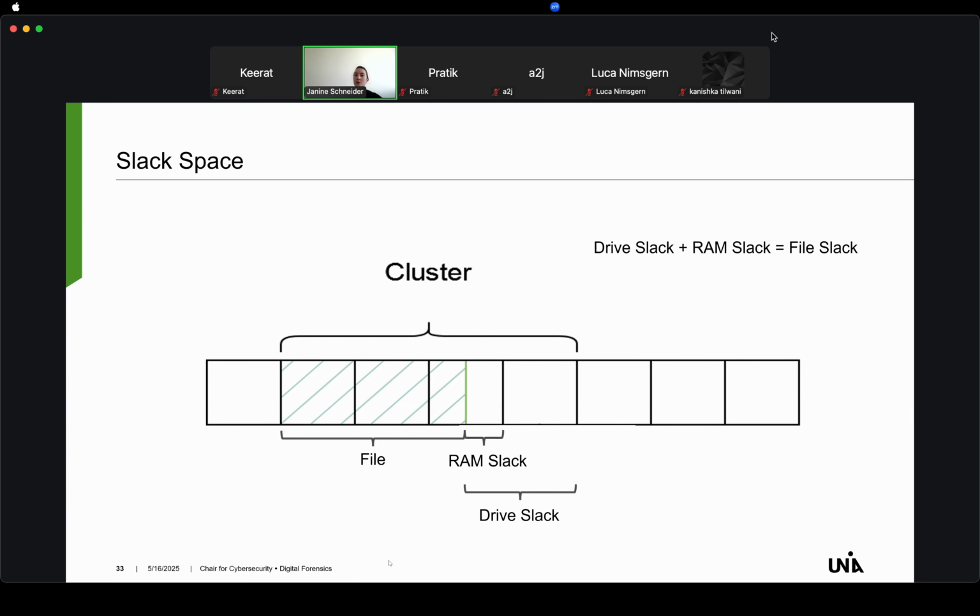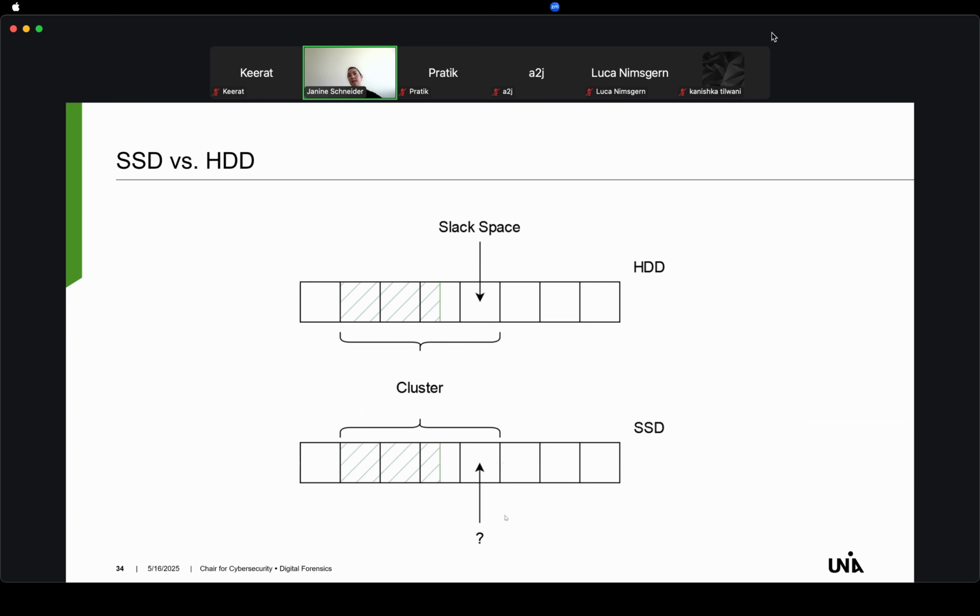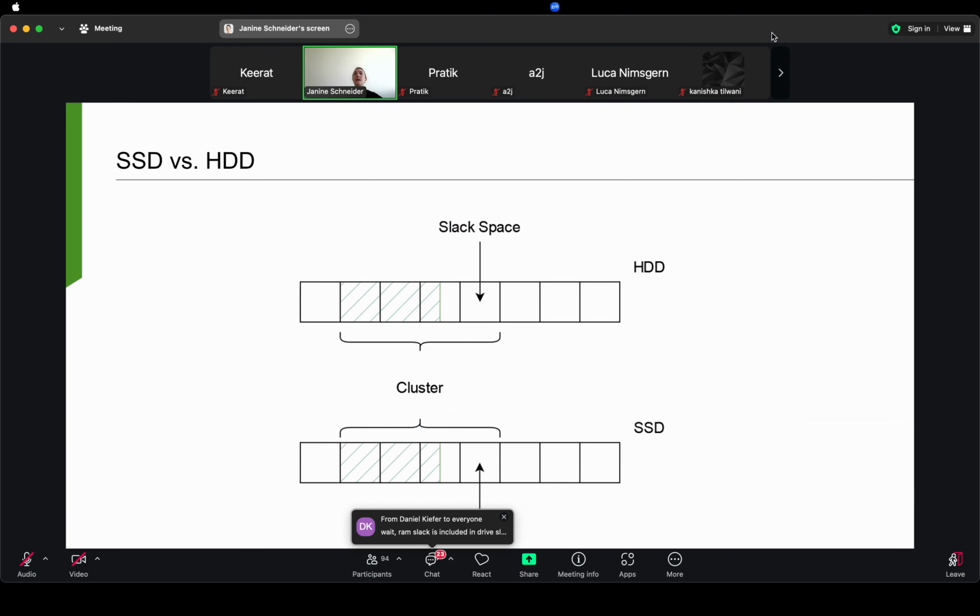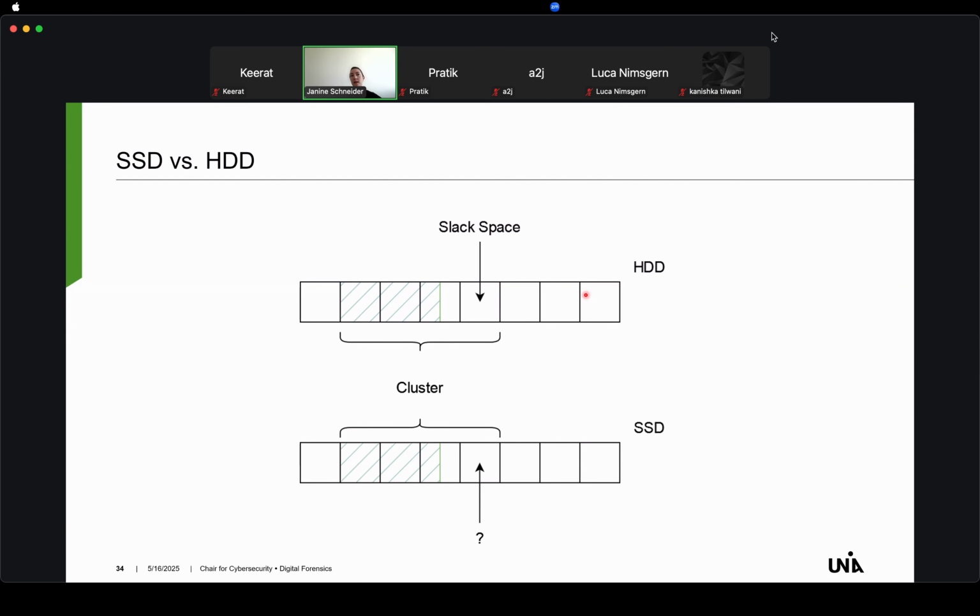Okay, so why am I telling you this? I tell you this because Slack Space behaves differently for SSDs and HDDs. For HDDs, the Slack Space behaves like I just told you, so you can read it out and maybe find something interesting in the RAM, drive, or file Slack.